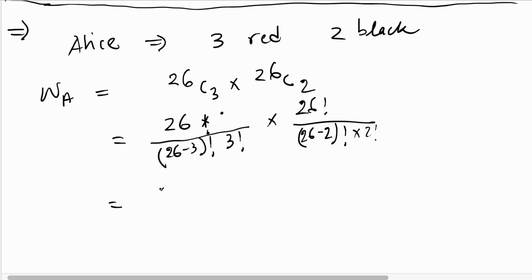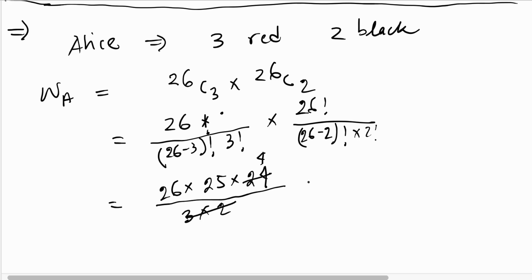So it will be 26 into 25 into 24, because 23 factorial cancels, over 3 into 2, and this will be 4 into 26 into 25, because the 24 cancels out.